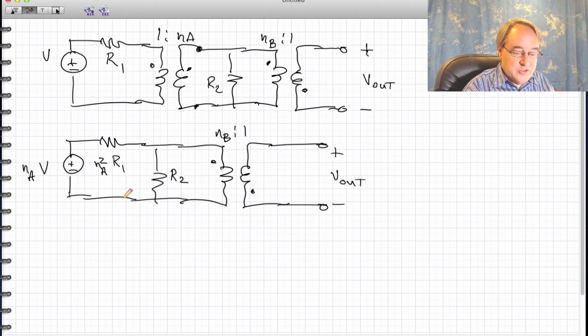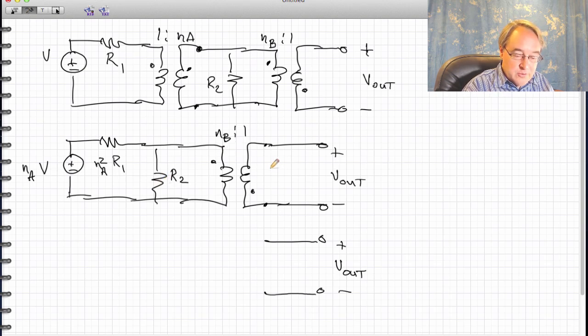Okay, next let's push the elements through the second transformer. Okay, so here is still our output terminals. So we'll push the elements to see how they appear effectively between the secondary terminals of this second transformer.